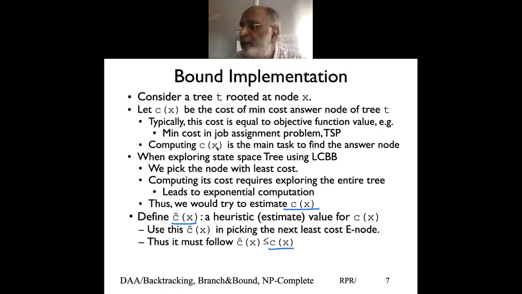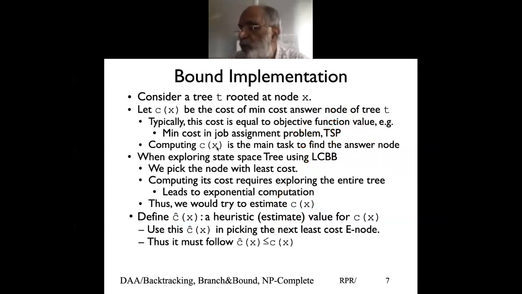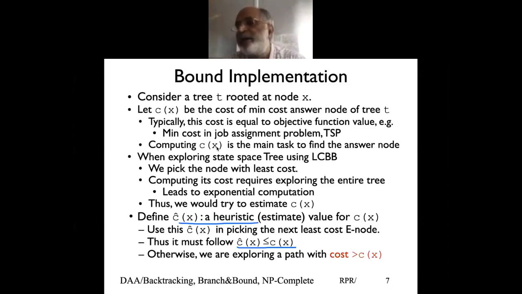If I estimate C hat x and it happens to be greater than my actual cost, then I may end up picking this and not find the real minimum cost solution. So the only constraint on my heuristic is that it has to be less than the actual cost. Otherwise, we'll end up exploring a node and see a cost more than this, which defeats the purpose, because then we will not find the minimum.